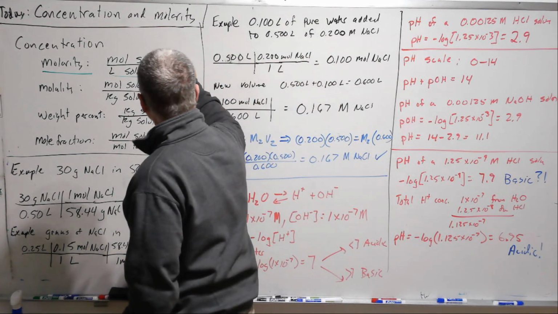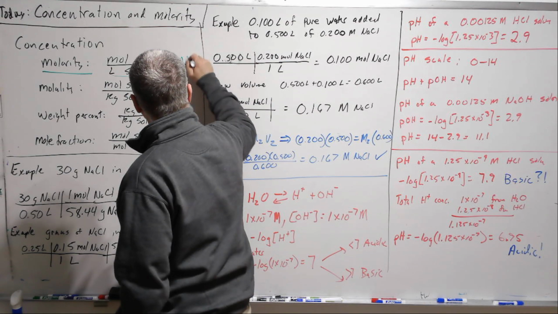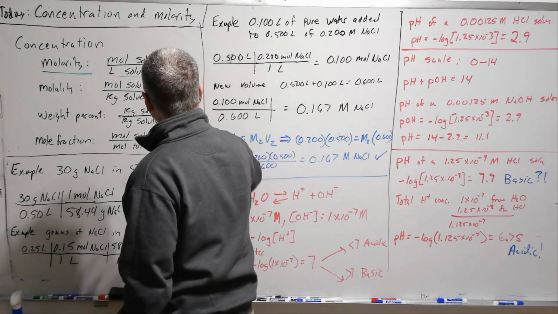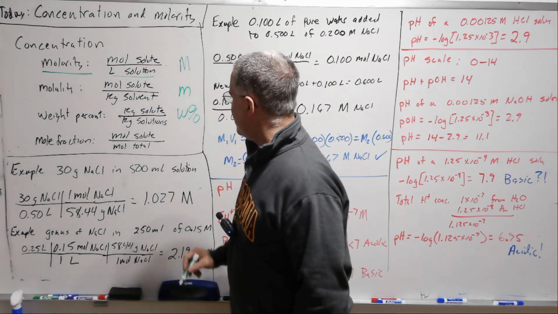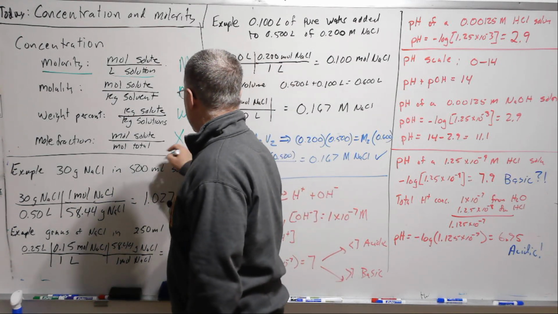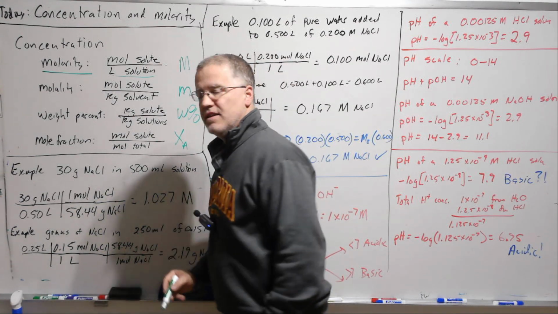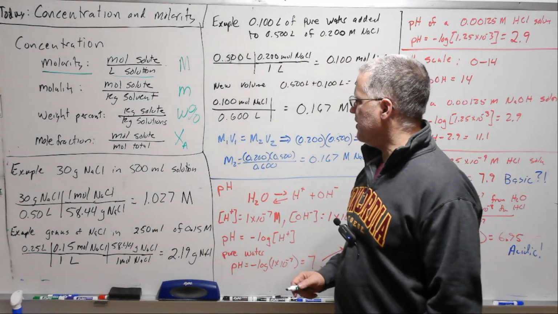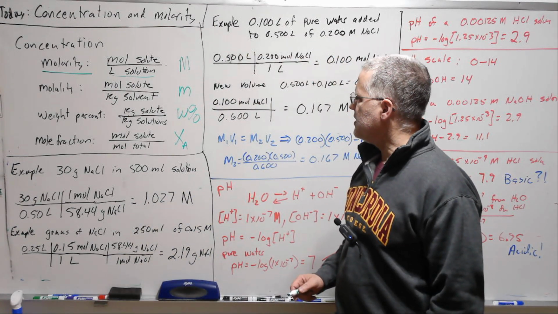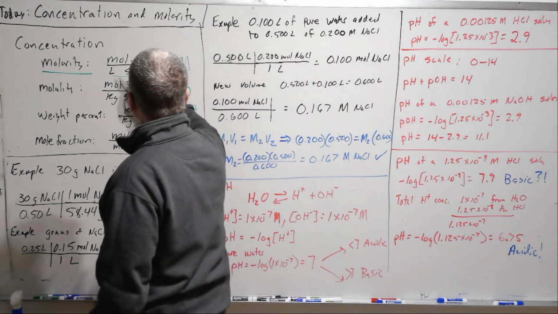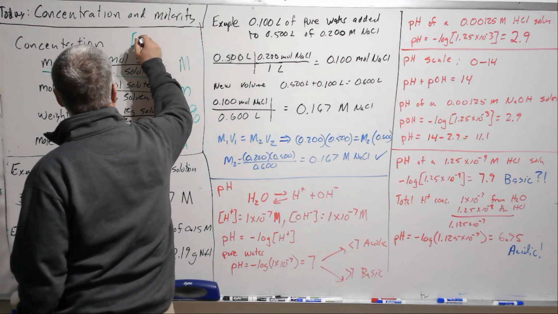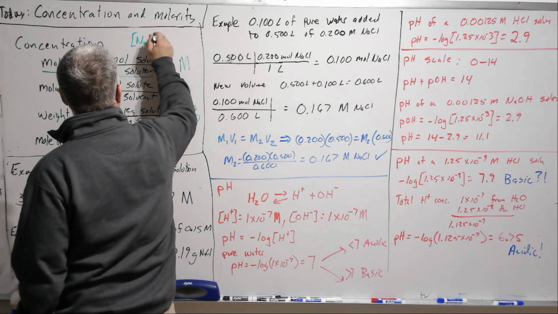The symbols here are capital M, lowercase m, usually a W and a %, and then here is X, and then let's say that is a subscript with whatever mole fraction you're talking about. So those are the typical symbols. For molarity, we'll often use this. So we would say something like this.